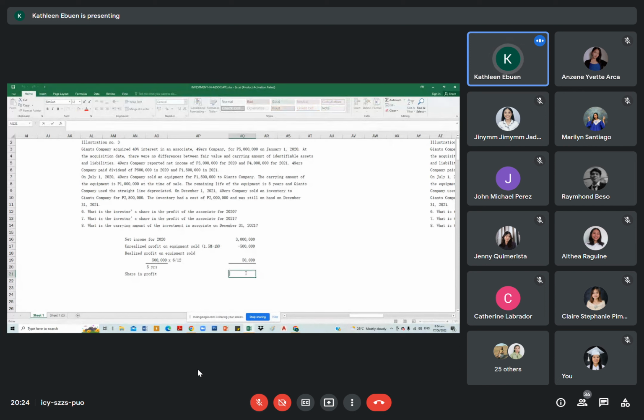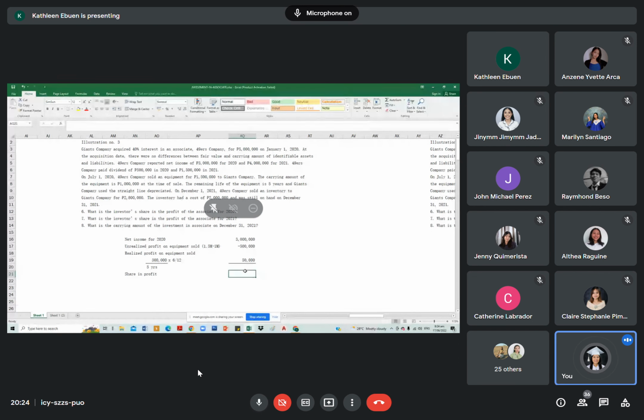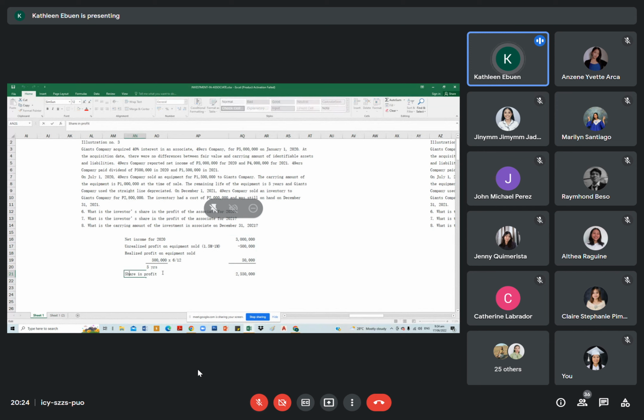Two million 550,000. Okay. So, compute na natin yung share in profit, class. 2,550,000 times yung 40% na in-acquire ni Giant. Magkano to? 1,020,000. So, this is the answer for number 6.